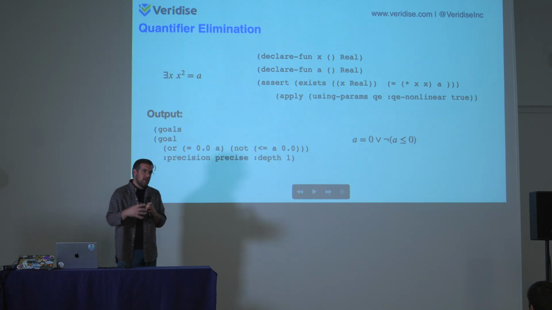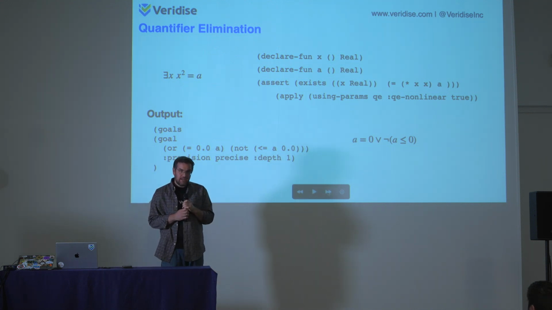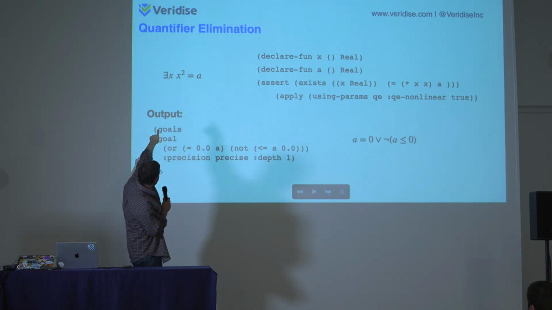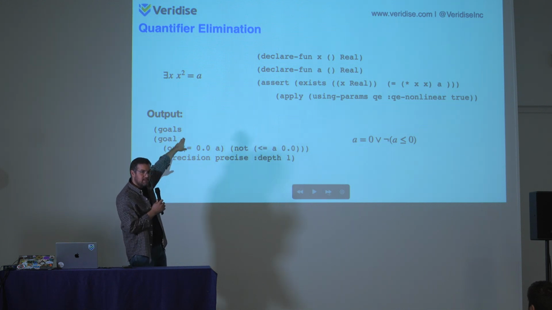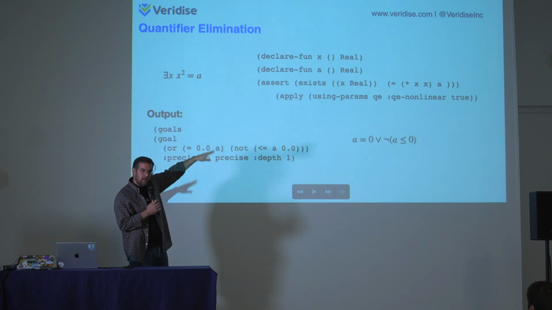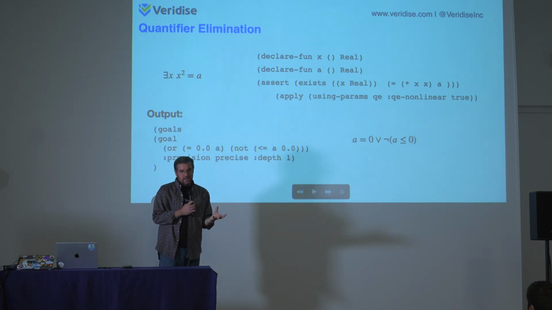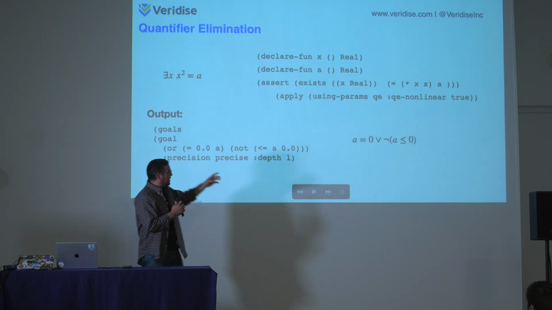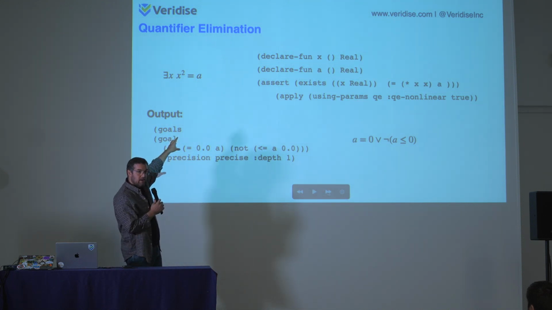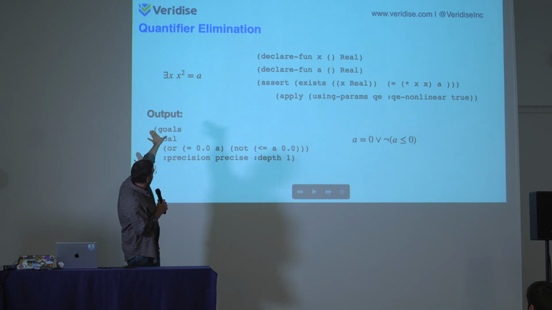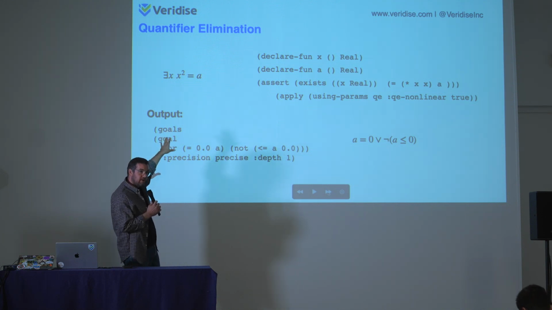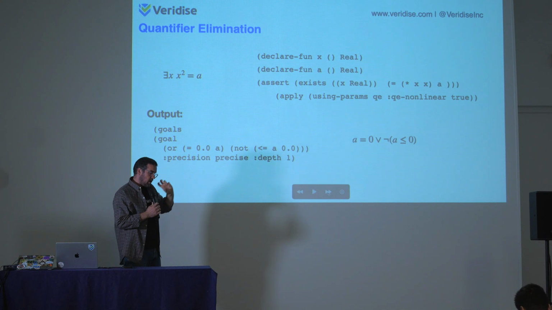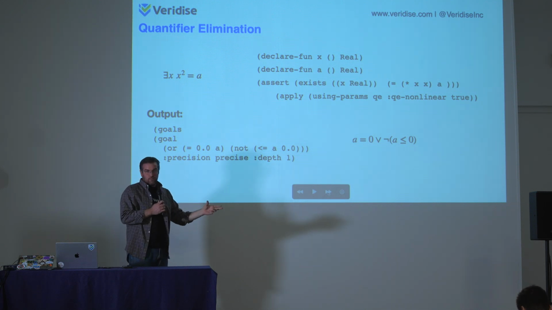The nice thing is you also have quantifier elimination. Like if you have a statement like there exists an x such that x squared is equal to a, what quantifier elimination does is it will eliminate this quantifier, there exists, that you have at the beginning, right? So given a formula that has a quantifier, quantifier elimination turns it into an equivalent formula that does not have any quantifiers, right?